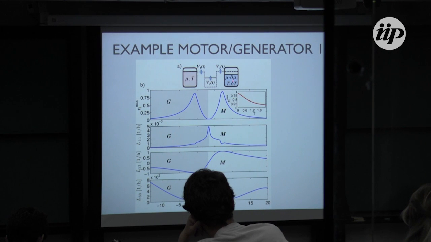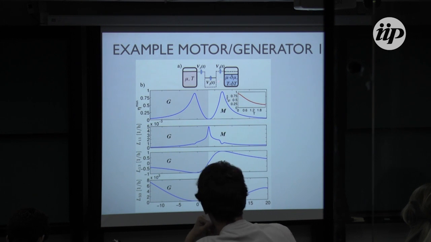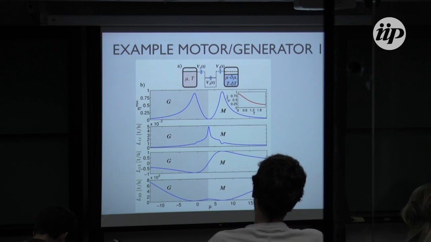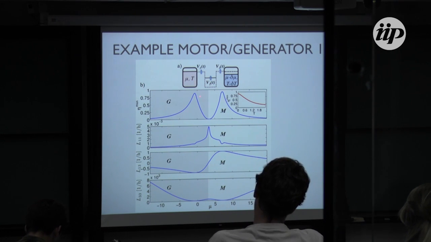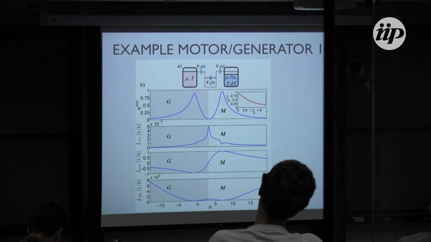We have here three driving fields: two driving potentials applied at the boundaries of the quantum dot with a phase lag, and another applied exactly in the center of the quantum dot.